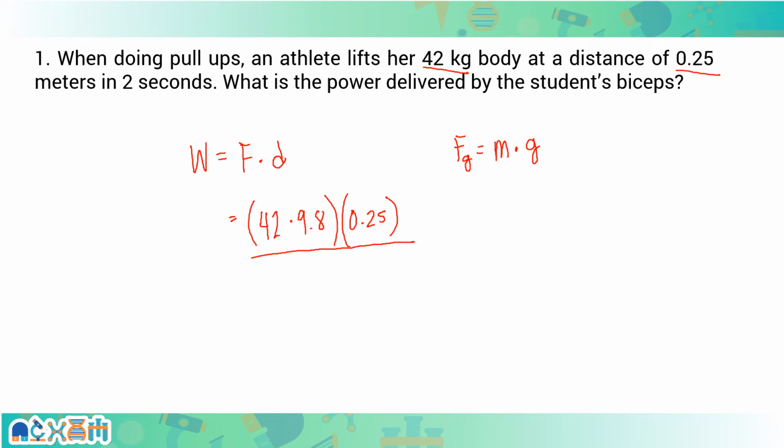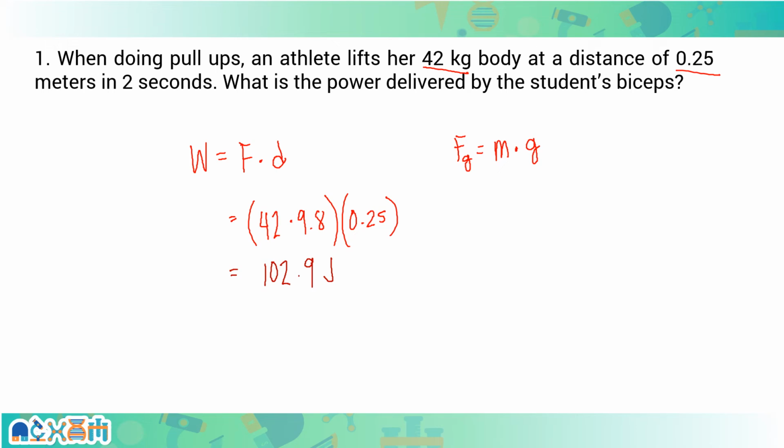That's the work done. Okay. So the answer here would be about 102.9 joules. That's the work done.